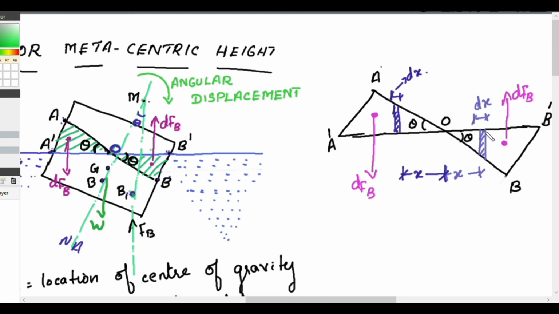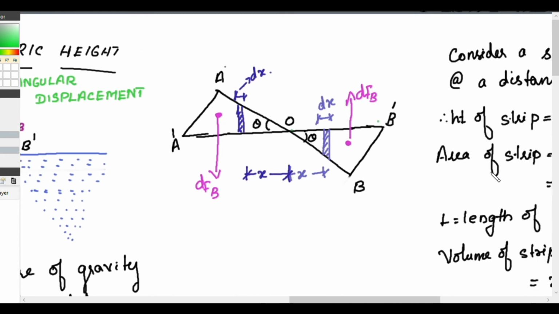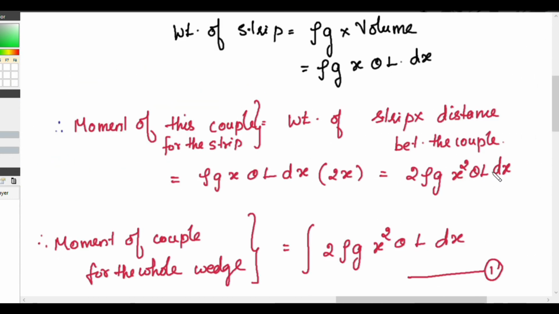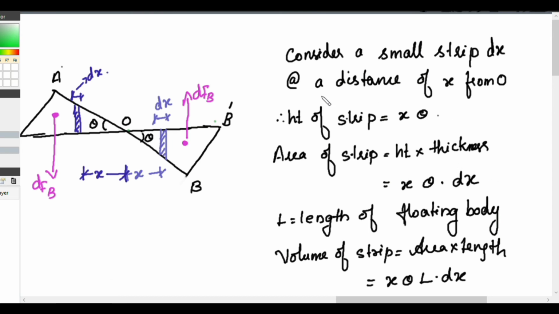You are considering a small stripe of thickness dx in the portion OB dash, at a distance of x from O. Now the height of this stripe: when you have a triangle like this, the height will be equal to this distance into theta, if theta is small. So the height of the stripe is x theta.